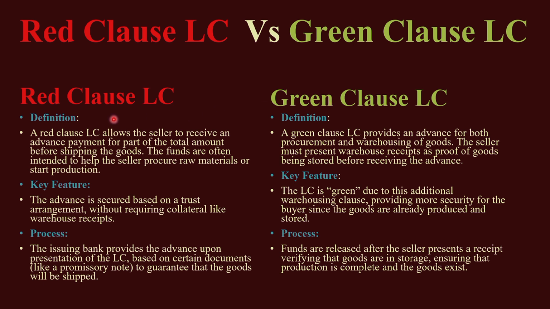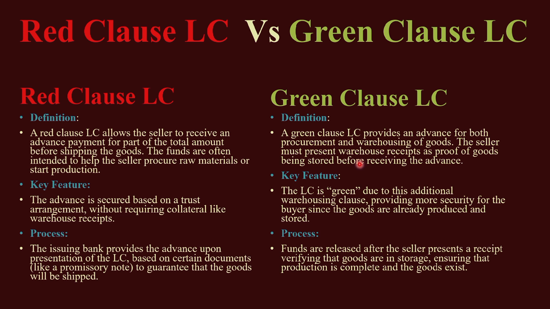When we discuss the definitions, red clause LC allows the seller to receive an advance payment for part of the total amount before shipping the goods. The funds are often intended to help the seller procure raw material or start production. While Green Clause LC provides an advance for both procurement and warehousing of the goods.